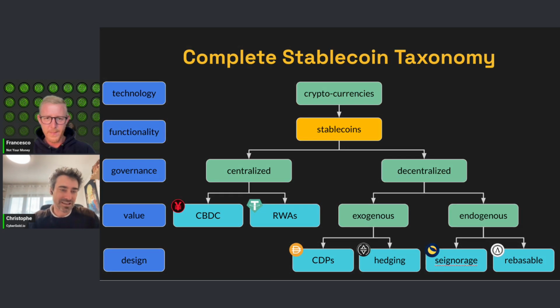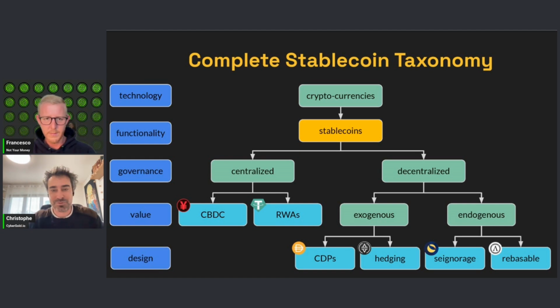Yeah, so you can see on the left of the screen that there are three main criteria that create distinction between the stablecoins. These three criteria are, first, the governance: are they centralized or decentralized? Second is their intrinsic value. Where does it derive from? Where does it come from: legal recognition, real world asset backing, endogenous or exogenous crypto backing?